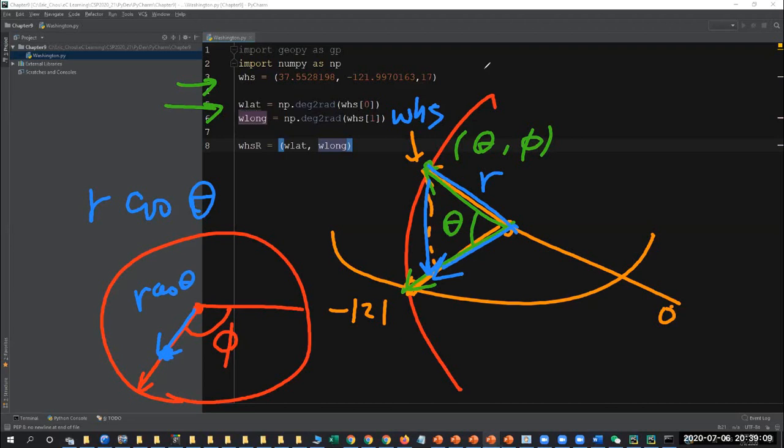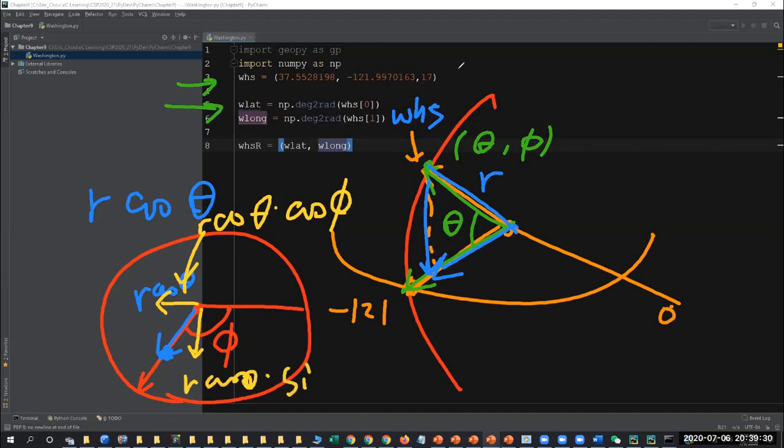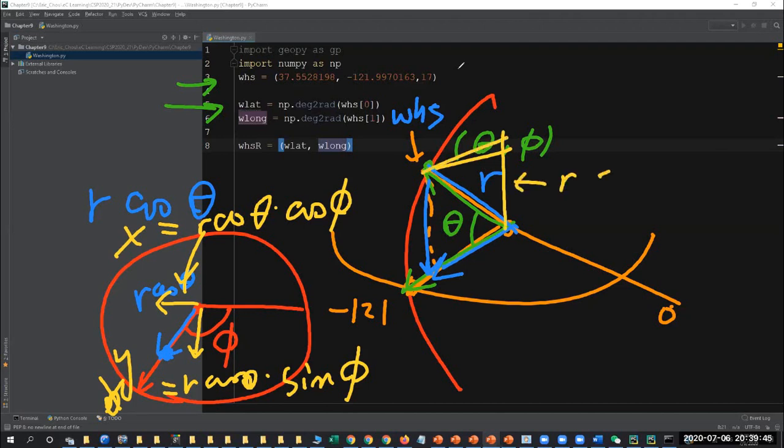Then based on this, this portion is R cosine theta times cosine phi. This portion is R cosine theta times sine phi. And this one will be my y. I'm sorry, this one will be my y, and this one will be my x. And my z is over here. My z is R sine theta.